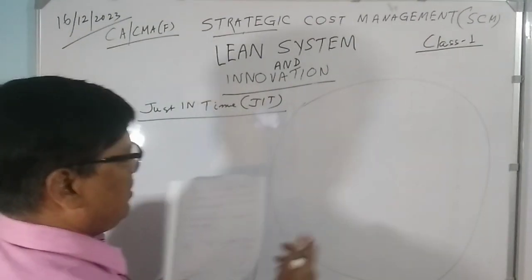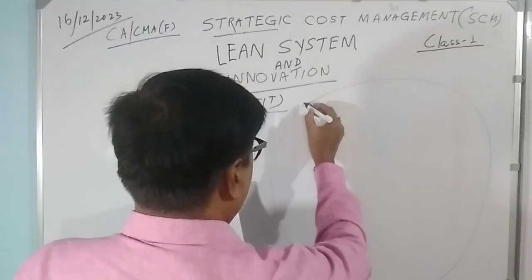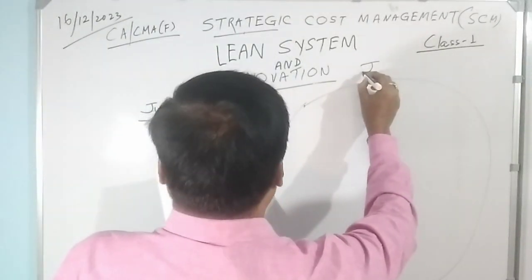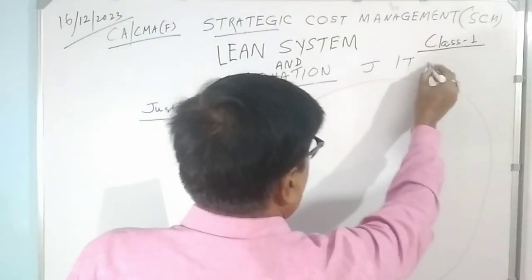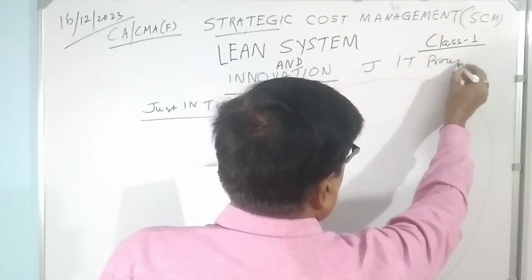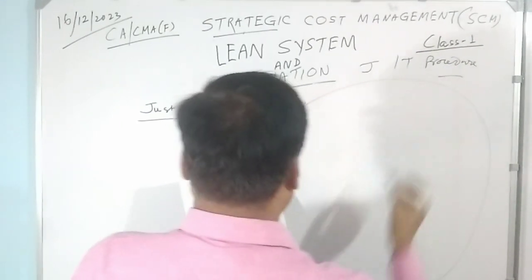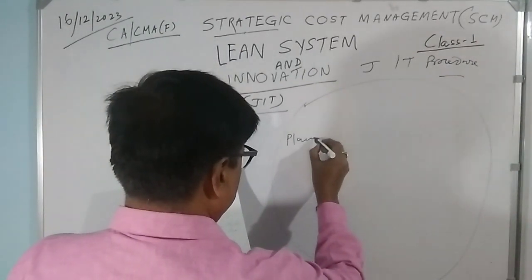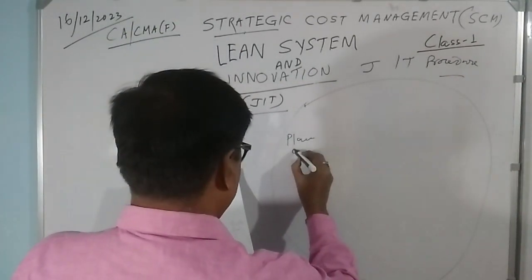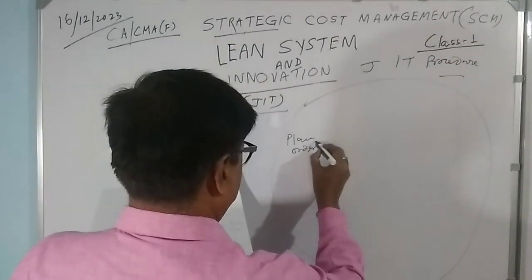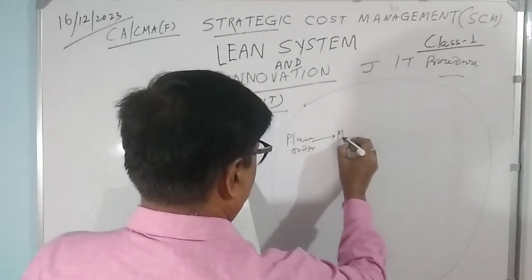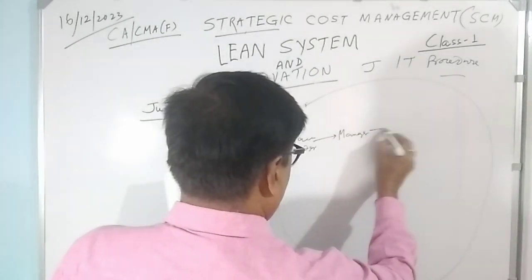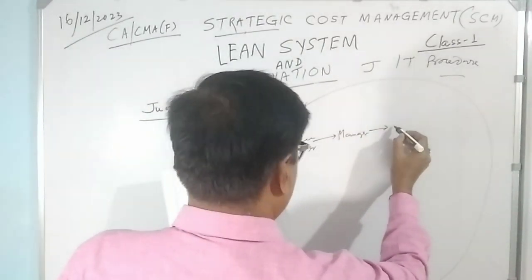you see that whatever we have explained, the JIT procedure, how this occurs: you are placing the order, place order, straightway it will go to the manager, then the supplier.